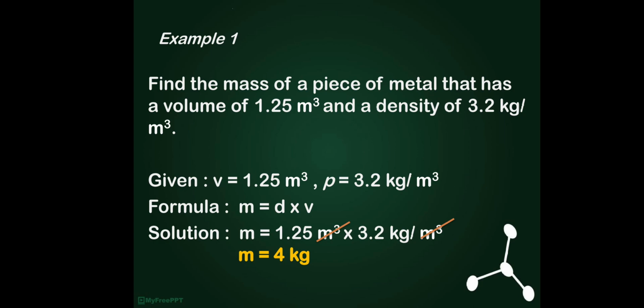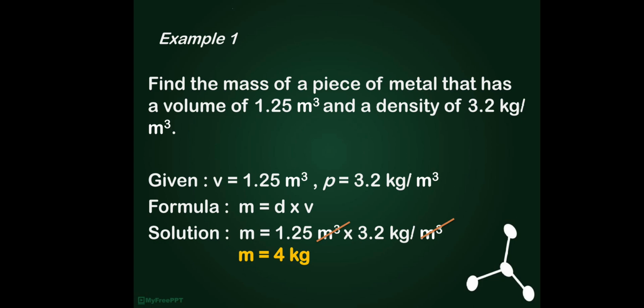So mass equals 1.25 cubic meter times 3.2 kilogram per cubic meter. There is a presence of two similar units, cubic meter, cancel, then kilogram will remain, and the answer is mass equals 4 kilograms. So the answer for example number 1 is 4 kilograms. Di ba? It's very easy.